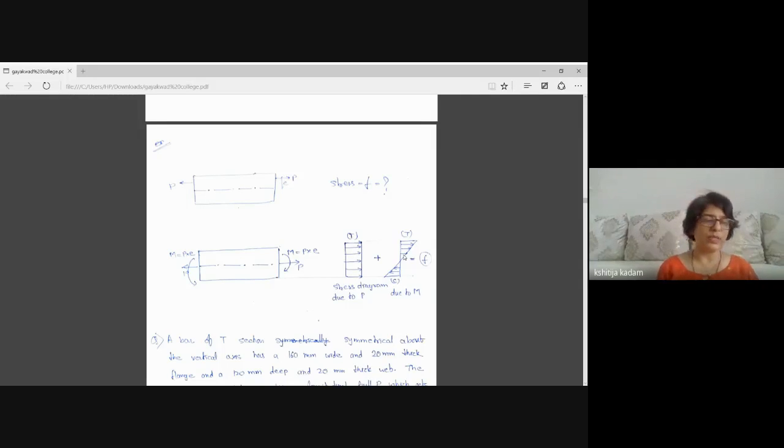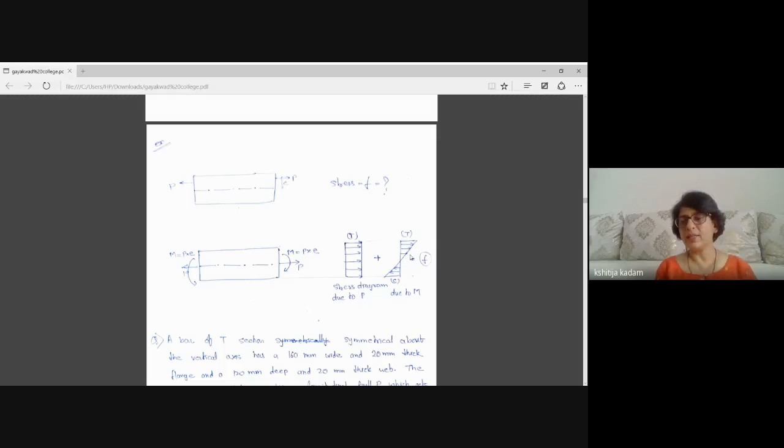So what I want to explain here is that it is not necessary that if I am pulling it, only the length will change. If I am pulling it along the neutral axis, the length will change. If I am pulling the rod with some eccentricity from the neutral axis, the rod will experience expansion as well as bending.